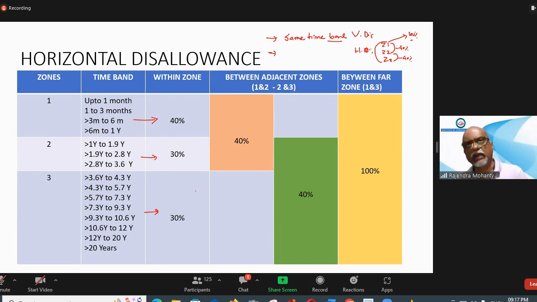Next, whatever the last one is, do the same thing. So horizontal disallowance has two adjustments, vertical disallowance 1. Accordingly, you take the total algebraic sum we have found, plus the vertical disallowance amount, plus the two horizontal disallowances as per that question.